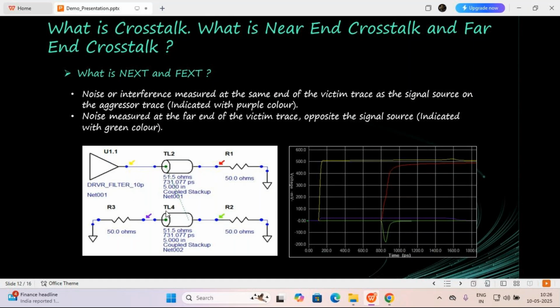It will be difficult to understand how much noise is getting induced from this transmission line to this one. So for that reason I have made this transmission line dead, shorted to ground. The potential across this transmission line is zero; there is no voltage on it.